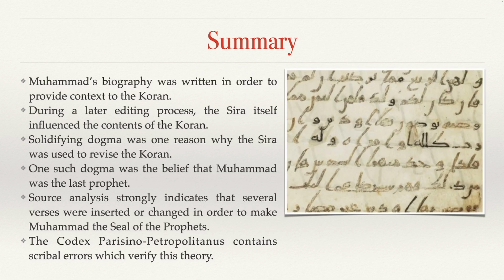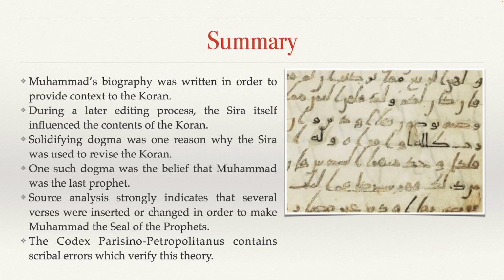So in summary, what have we learned in this video series? Muhammad's biography was written in order to provide context to the Quran. After the original context, the Bible and the Apocrypha were lost, many passages appeared to be nonsensical and required a new explanation, which was then the basis for the life of Muhammad. During a later editing process, the Sirah itself influenced the contents of the Quran.